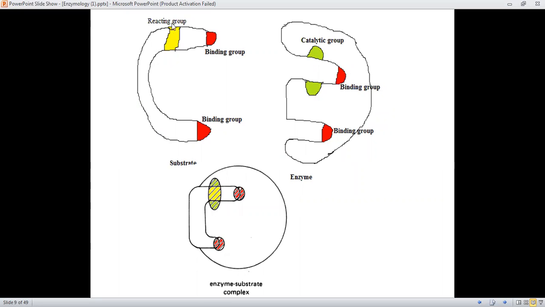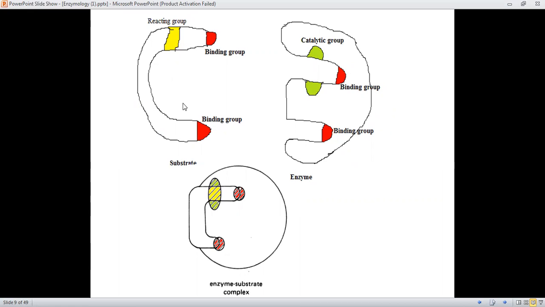So in the substrate, we have the reacting group and also the binding group. Whereas in the enzyme, you have the binding group as well as the catalytic group. So the binding group of your substrate and the binding group of your enzyme have to interact so as to have a proper binding orientation, which is stated by means of geometric complementarity.